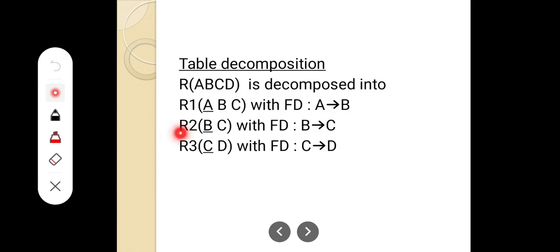Here we have made B a super key. Since B is a super key, a super key determining a non-prime attribute is a true condition for 3NF.